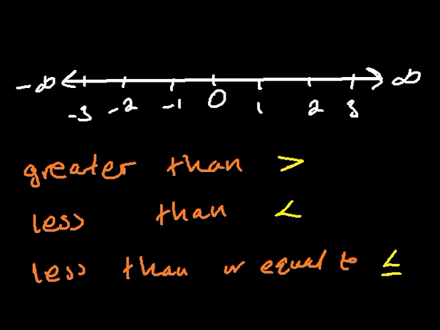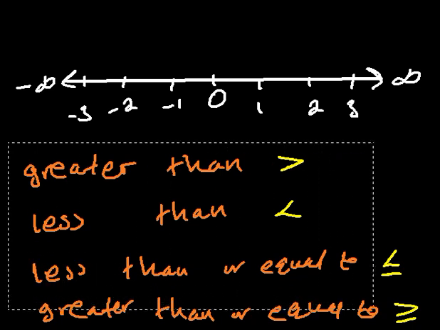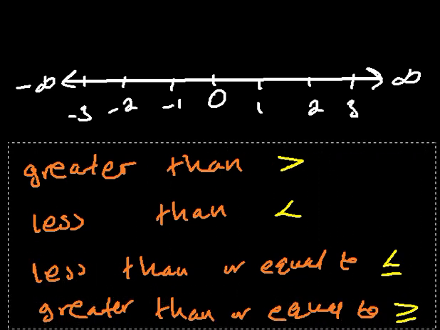And we also have greater than or equal to. It should be that. And the sign associated with greater than or equal to is given as that one. So those are the inequality symbols that are used to express the relationships that exist among the numbers on the number line.